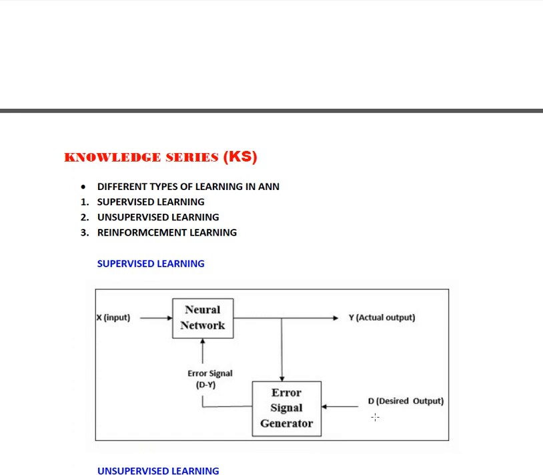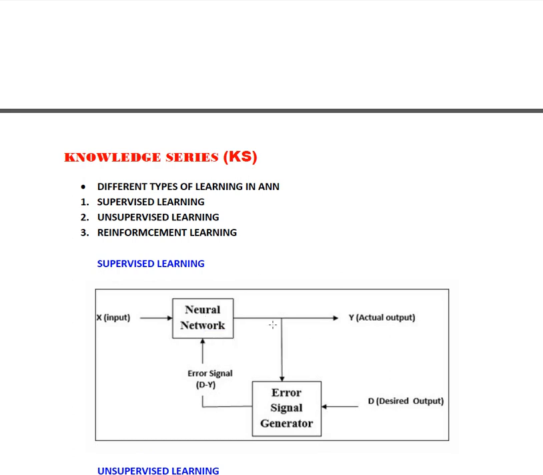If the teacher measures the difference between the actual output and the desired output, the teacher will teach the students again and ask them to learn further. The students will appear again and produce a similar output where the error is equal to 0. So that is known as neural supervised learning.